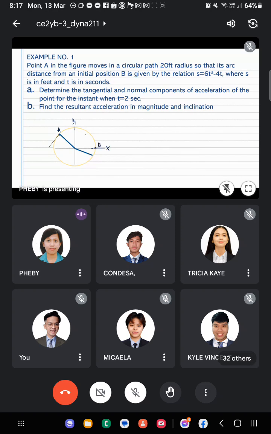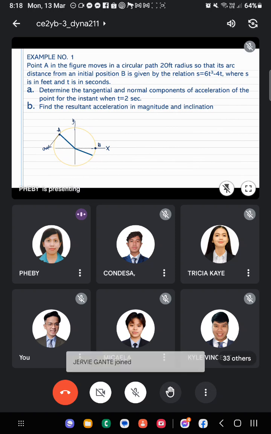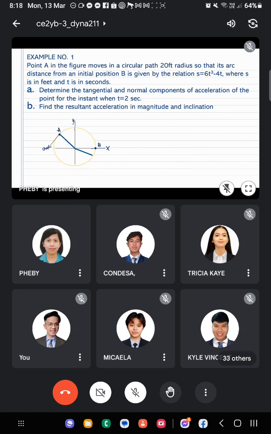If this is point B, so meron siyang acceleration tangent, and meron siyang acceleration normal. Drawing, sorry. And this is O yung center ng circle natin. And yung kanyang radius will be 20 feet.